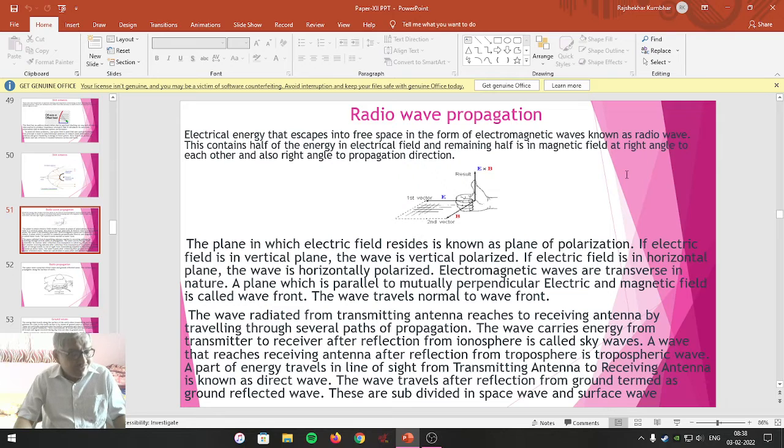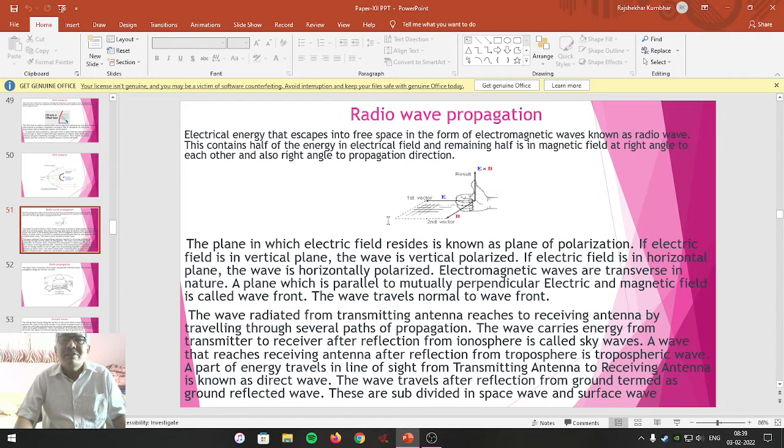In short, we can say the electrical energy which escapes in free space containing the radio frequency signal is called the radio wave. This radio wave contains 50% electrical energy, 50% magnetic energy. Both the energies are at right angle to each other. They combinedly travel along the direction perpendicular to the direction of the electric as well as the magnetic field.